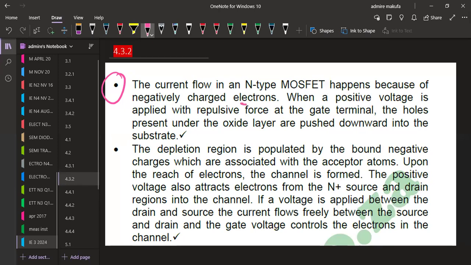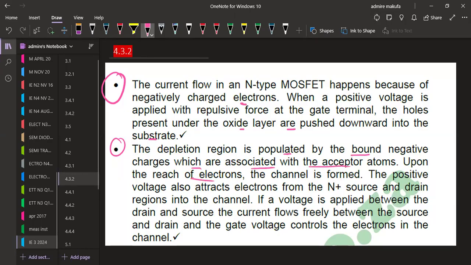When a positive voltage is applied at the gate terminal, with the repulsive force, the holes present under the oxide layer are pushed downward into the substrate. Then the depletion region is populated by the bound negative charges, which are associated with the acceptor atoms.